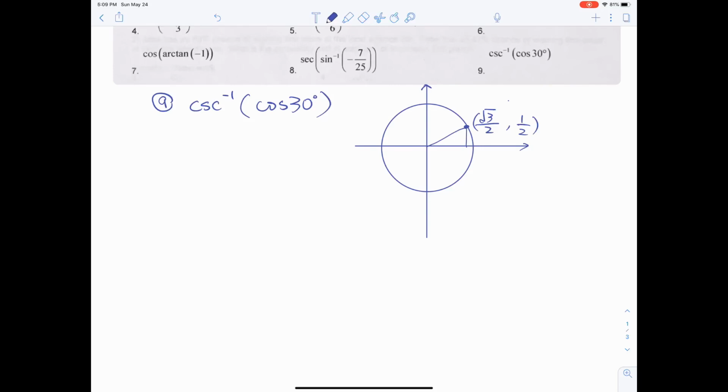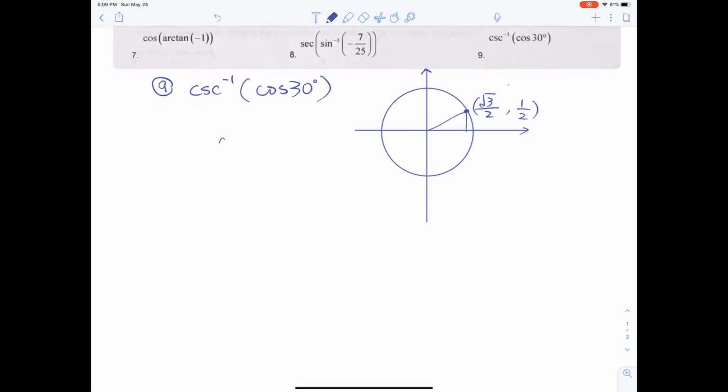Cosine 30 degree. Oh, okay, so let's first rewrite this problem. Cosine 30 degree equal to the x value, root 3 over 2.